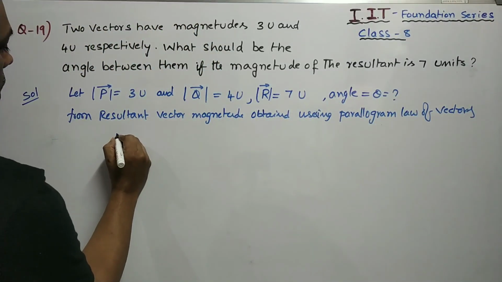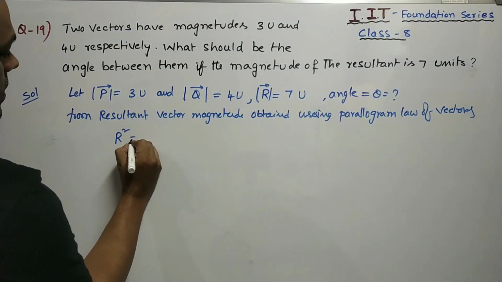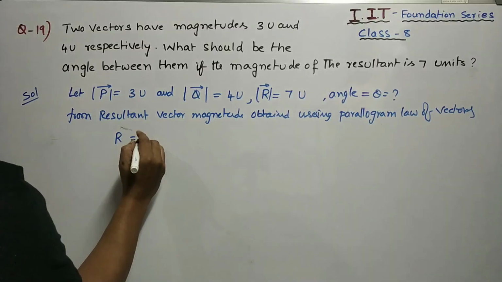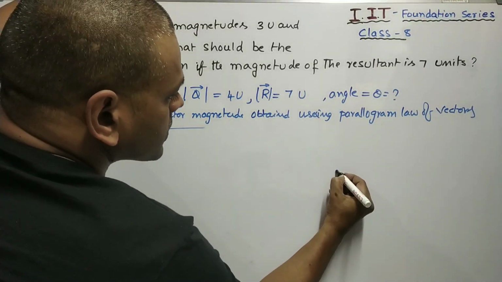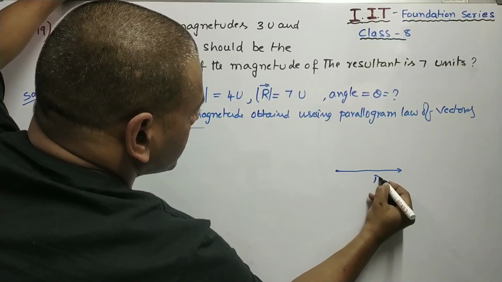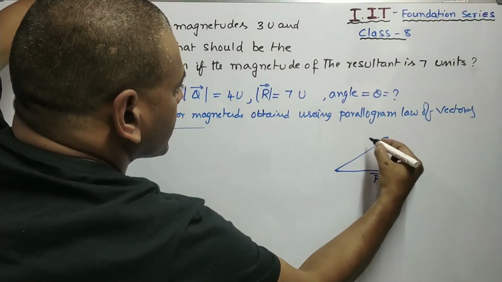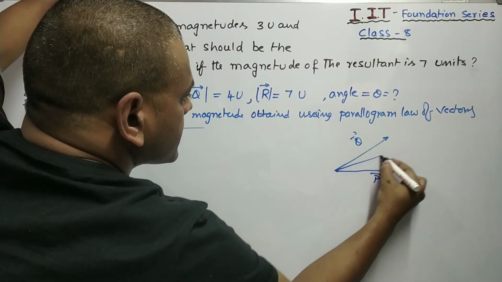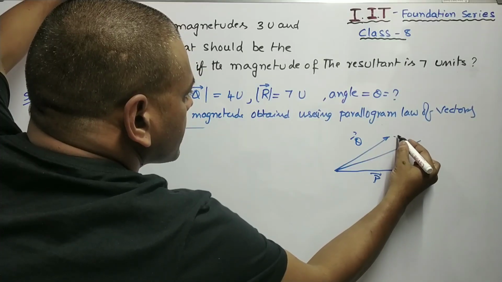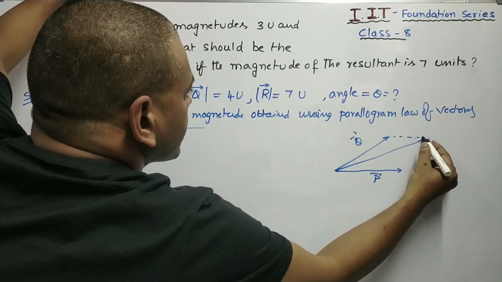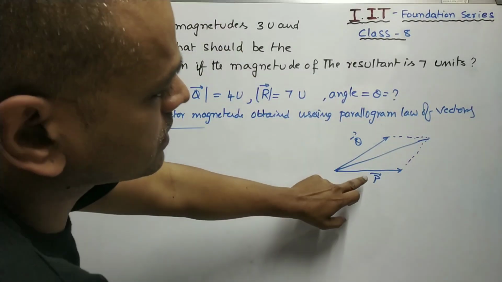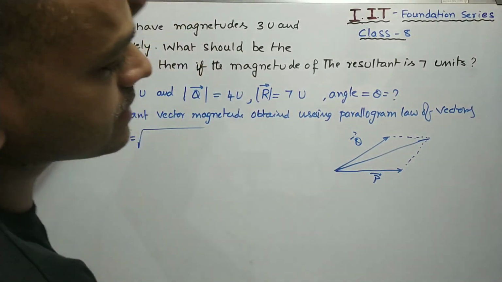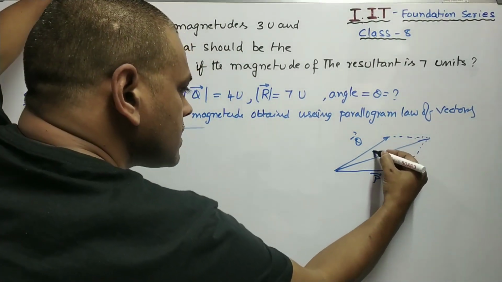What is that? R square, or otherwise r bar, that means the resultant of two vectors. Suppose this is vector p, this is vector q. The resultant is given by the diagonal of the parallelogram with the two vectors taken as its two adjacent sides. So this is r bar.